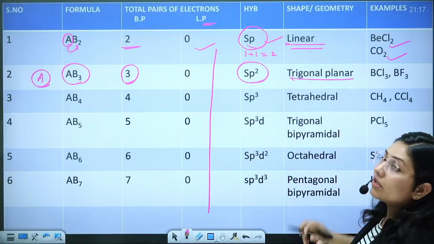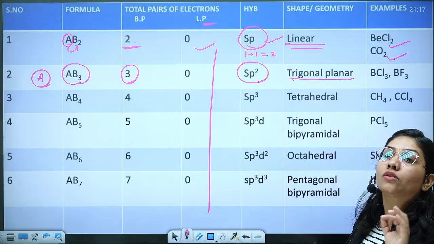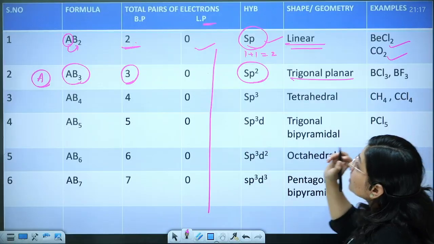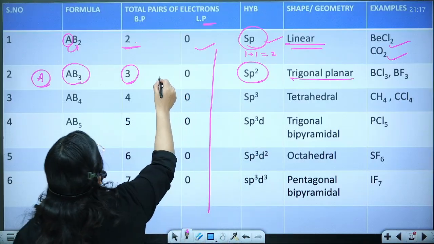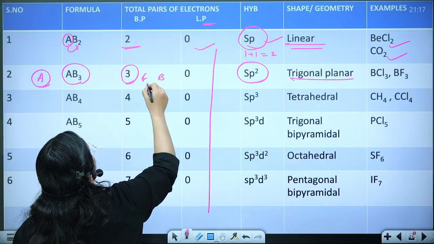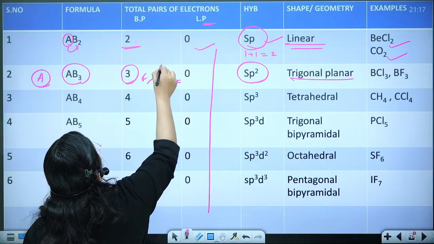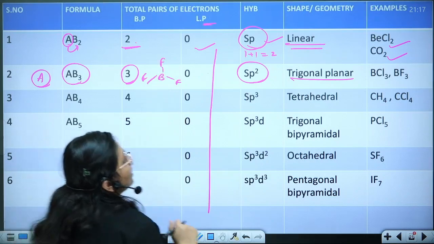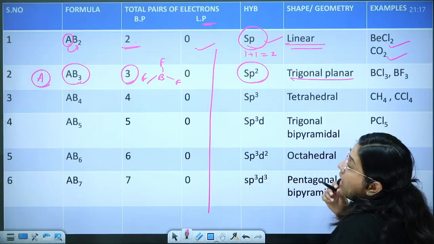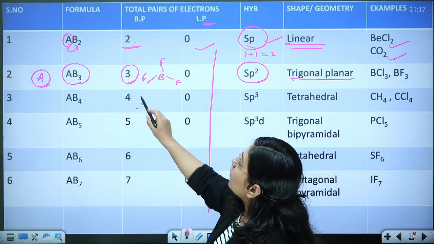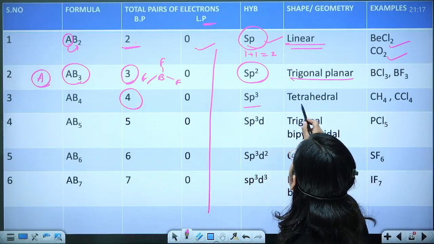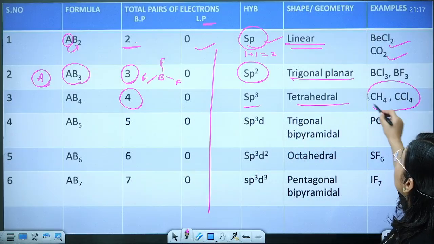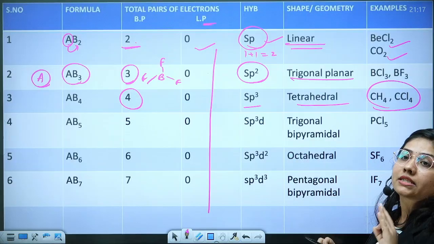This will give trigonal planar geometry as we have discussed in BF3. B was there, F, F, F. That kind of geometry was trigonal planar. After that, for 4 bond pairs, sp3 tetrahedral, and examples are CH4, CCl4.